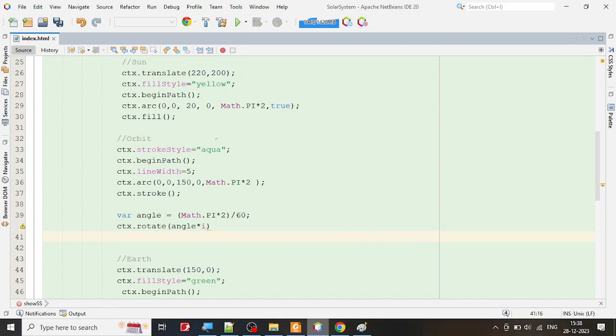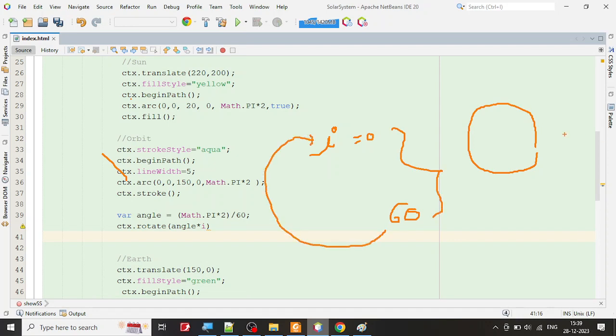So my last value for I is, where is this I? I must start from 0, no doubt. And I have to keep on, I is 10 degree, 20 degree, 30 degree, and so on. Last value is 360 degrees. After that 360, I has to again reset back to 0. So you start from here, 10, 20, 30, 40, 50, and 360 degrees. What is 360 degrees? 60 into 6, that is 360 degrees.